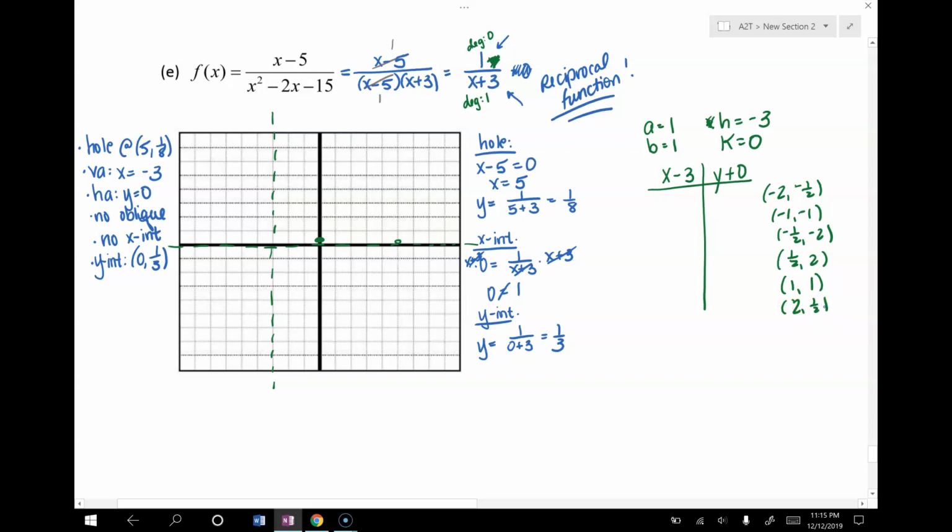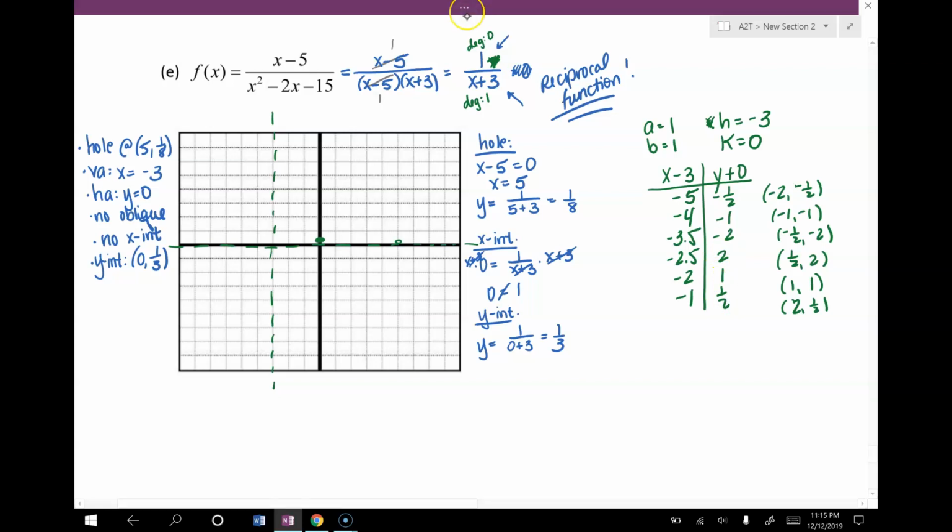Okay, make your life easier. So if I take -2 and substitute it in, I get -5. -1, you get -4. -1/2, you get -3.5. 1/2, you get -2.5. 1, -2, and then 2, -1. The y values are going to stay exactly the same because we don't have a vertical translation. We're not shifting up or down. So those all stay the same.